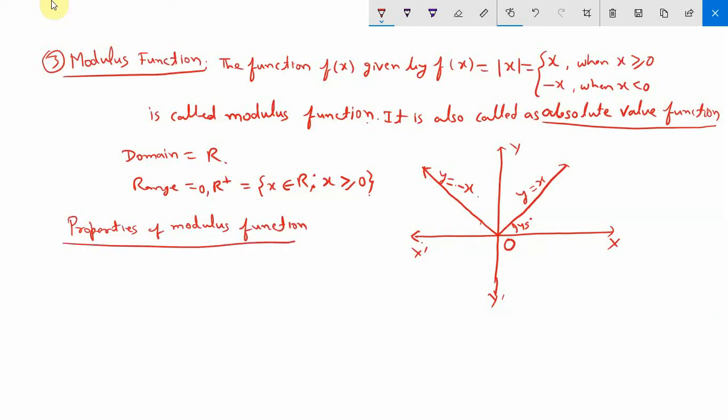So what are the different properties? First one, as it will always be positive, we can write for any real number x, under root x square equal to mod of x.